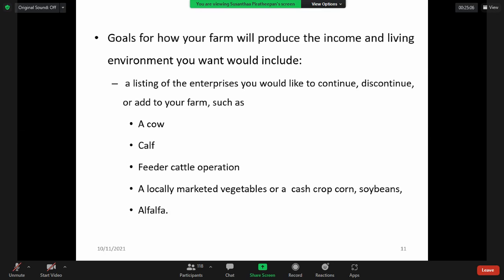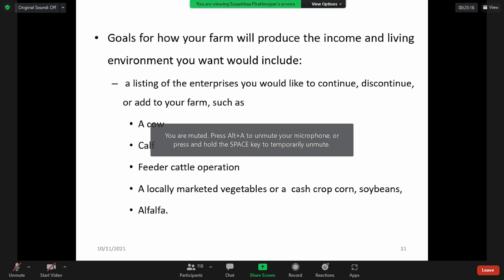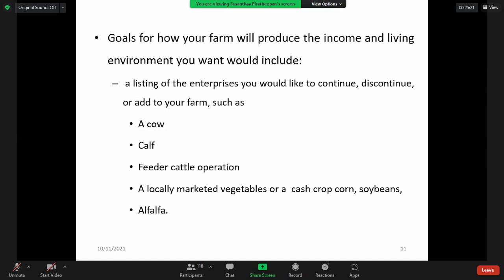Here you will list the enterprises you would like to continue, discontinue or add to your farm. The enterprises mean different components or sectors of the farm. Cattle farming, goat farming, swine farming, those are different enterprises. So you can think about which enterprises you can continue, discontinue or add into your farm.